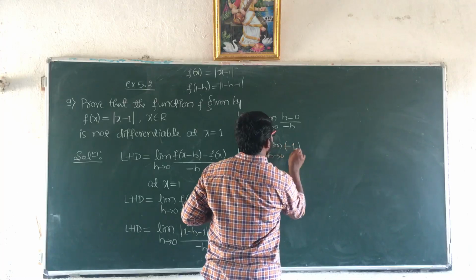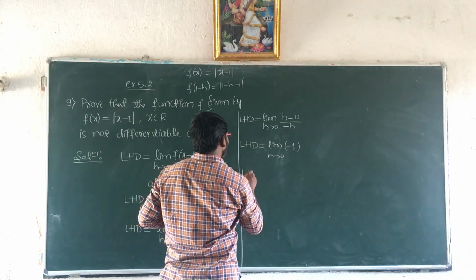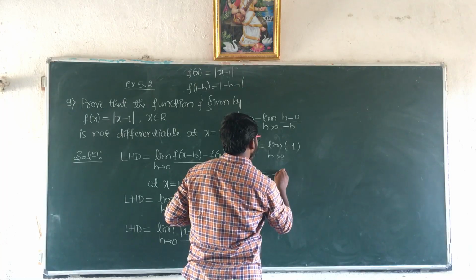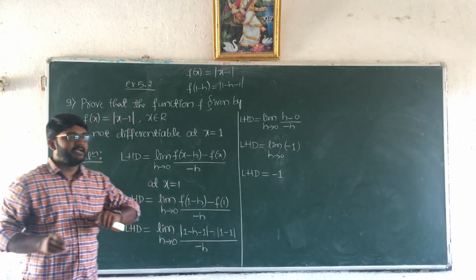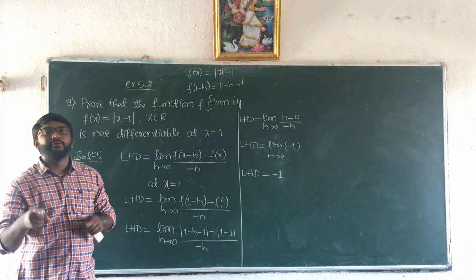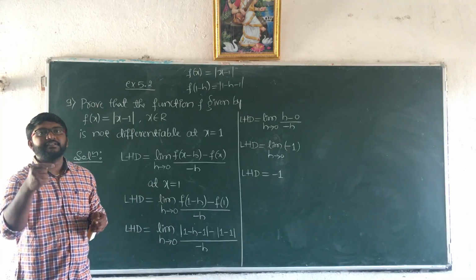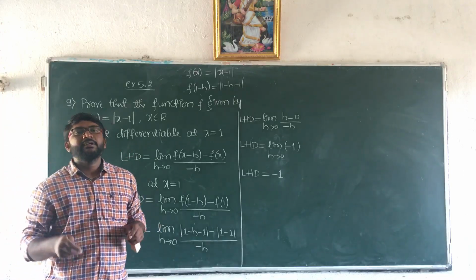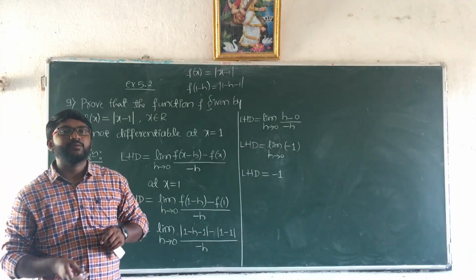So now limit of a constant is always a constant. LHD is equal to minus 1. So now we got the left hand derivative. Now we will have to go for the right hand derivative. If both are equal, then the function is differentiable at x equal to 1. If both are not equal, the function is not differentiable at x equal to 1.